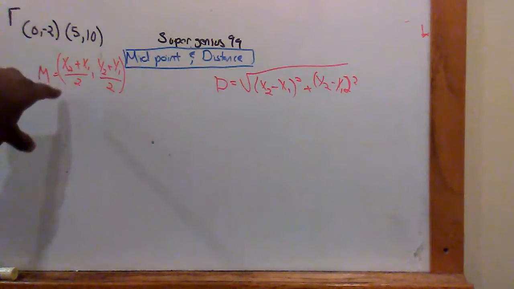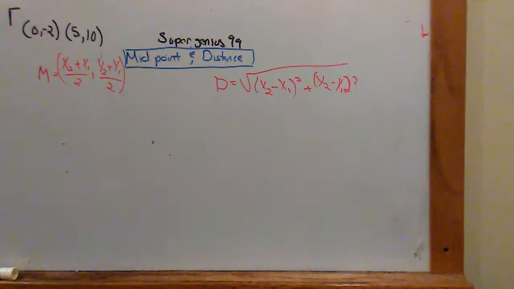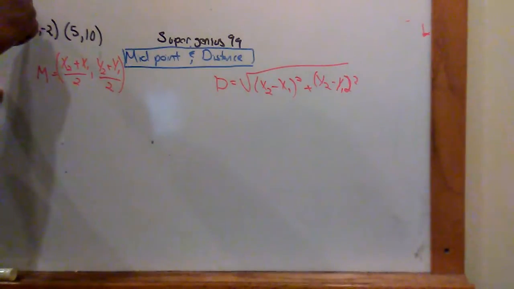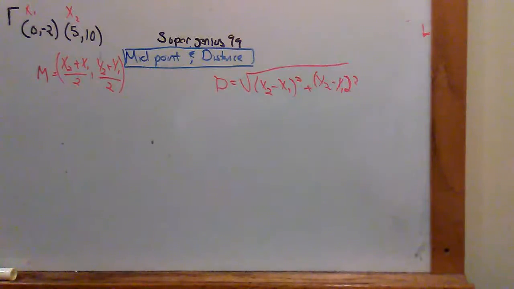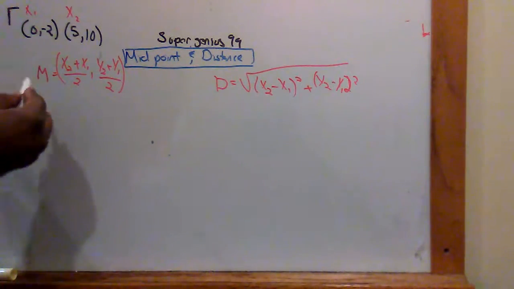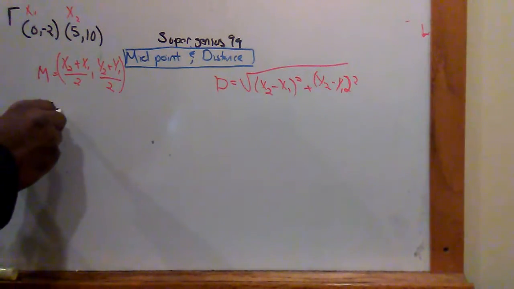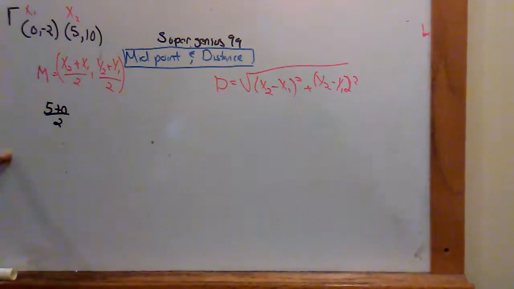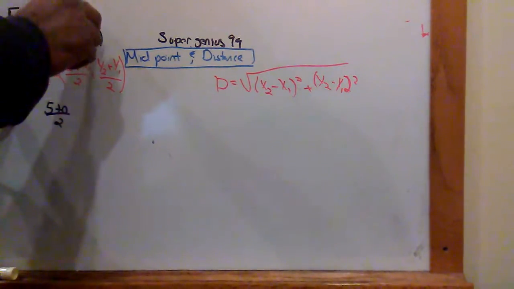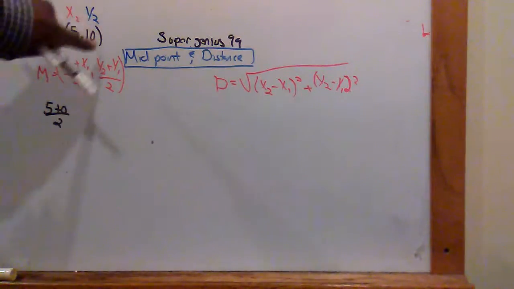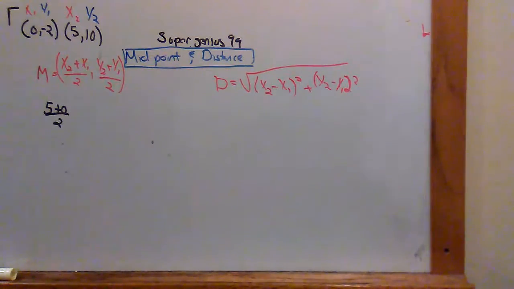So let's do that. So midpoint of this right here. So x2 plus x1. And y2 plus y1. And I'm labeling y1 and y2 there for you.